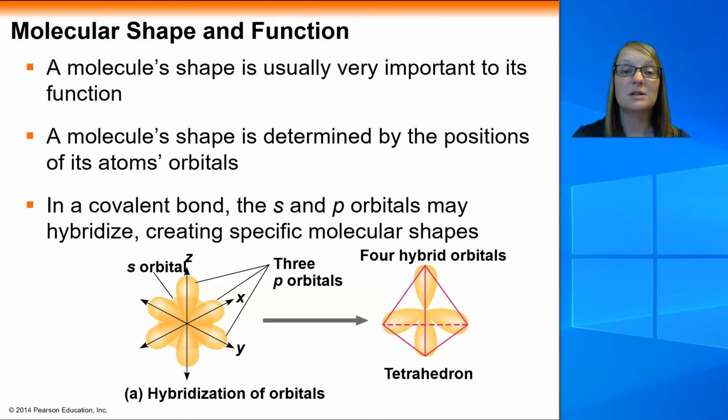And this is really determined by the types of atoms that are used to build the molecule and the positions of the atom's orbitals. Remember, an orbital, all I want you to know is that it's that three-dimensional shape where an electron spends the majority of its time. And so if we go back and we look at an example of an atom here with its different orbitals, you see the spherical orbitals and the dumbbell-shaped orbitals.